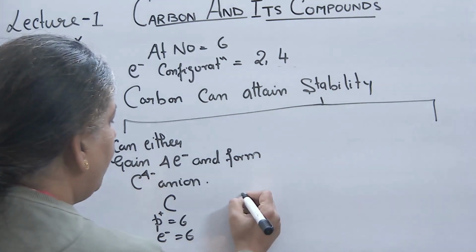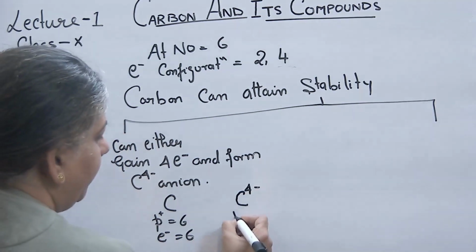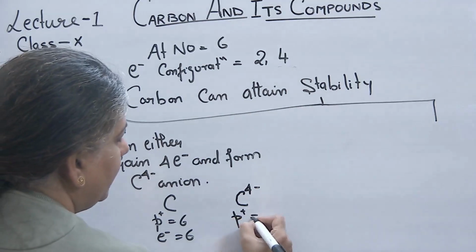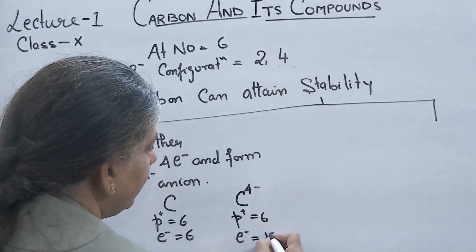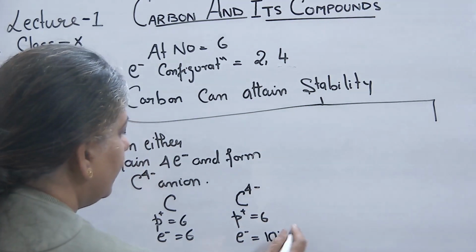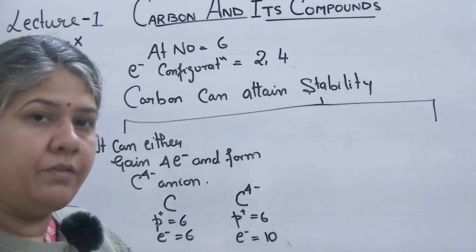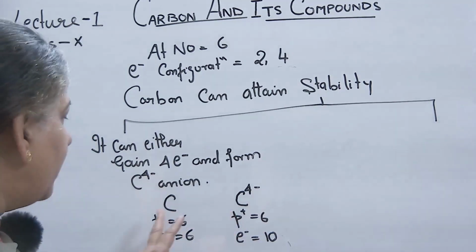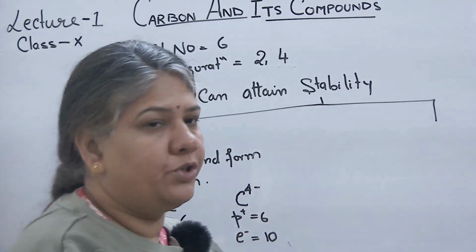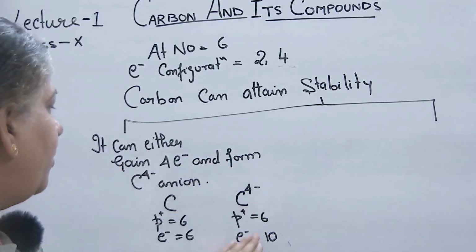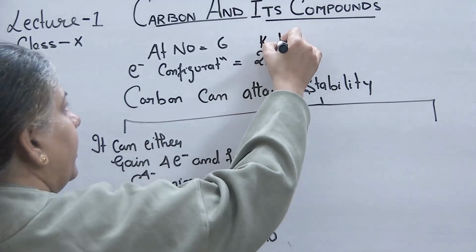But once it forms the C4 negative anion, the number of protons will not change, but the number of electrons will now be 10. You already know that protons are present in the nucleus, so their number does not change. Whatever is gained or lost is from the outermost shell. So 4 electrons are added to the outermost L shell.